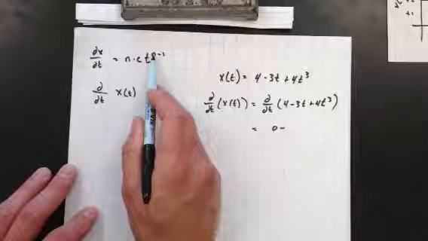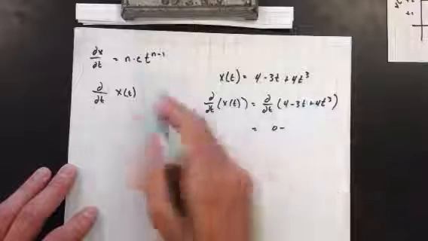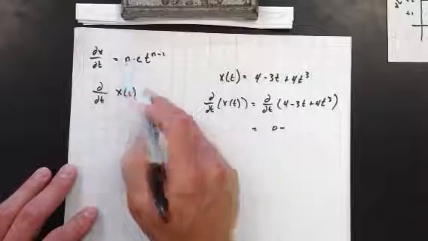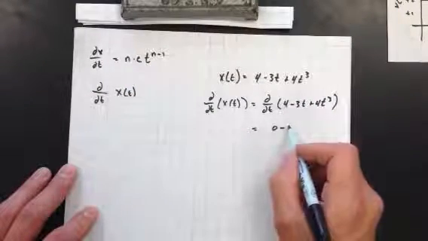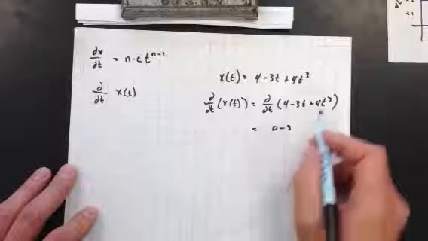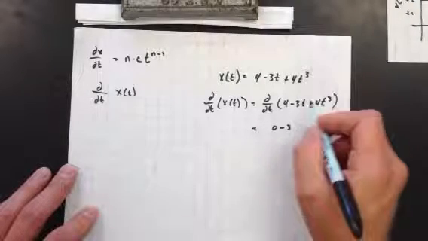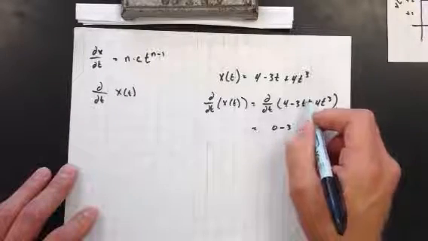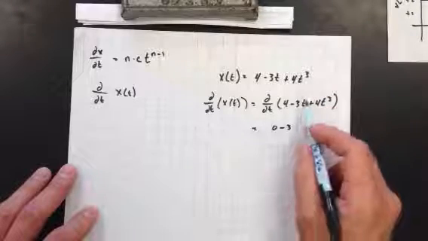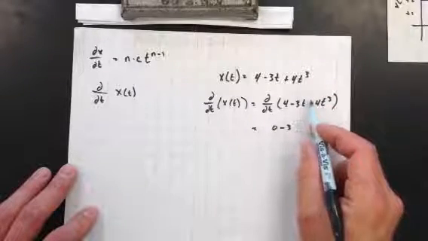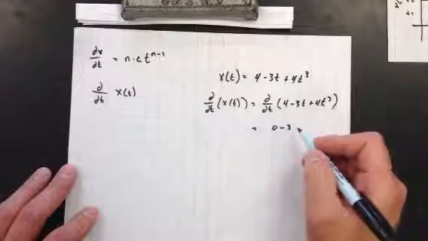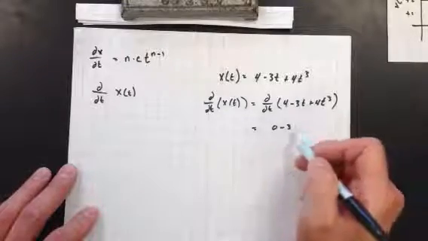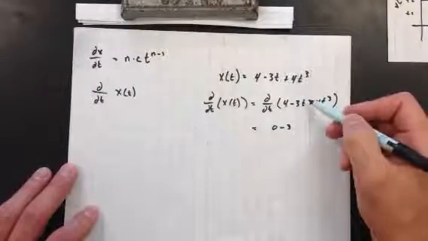We take the n value, which is 1 here, and multiply that to the outside. So we have negative 3 times 1, which is negative 3, times t to the n minus 1. So 1 minus 1 is 0, so that's t to the 0, which is 1. So the derivative of negative 3t is just negative 3. You can see it just drops a power.